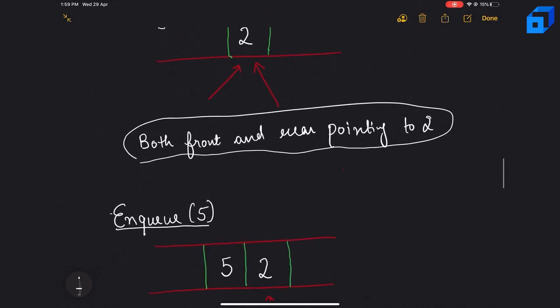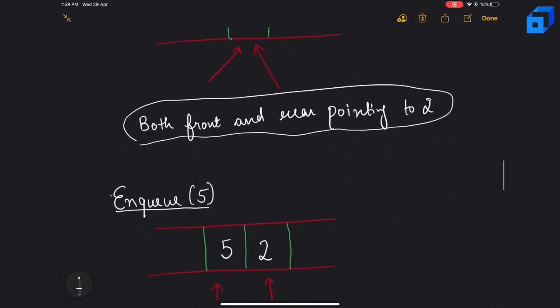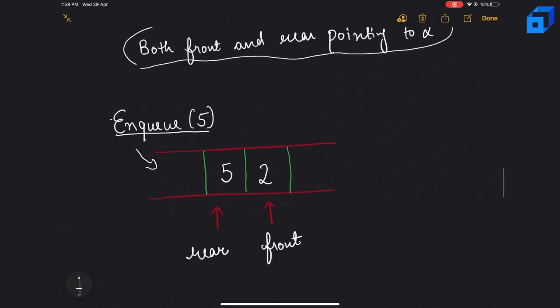Now let's say we are inserting one more element into the queue, that is 5, and it will go from the rear side, from this side. Now we need to update our front and rear. Let's say internally the library is handling all those things. Now the rear reaches here and front remains here.